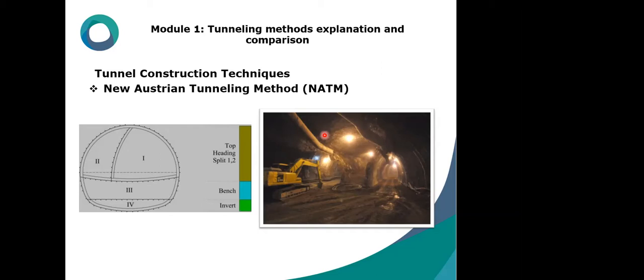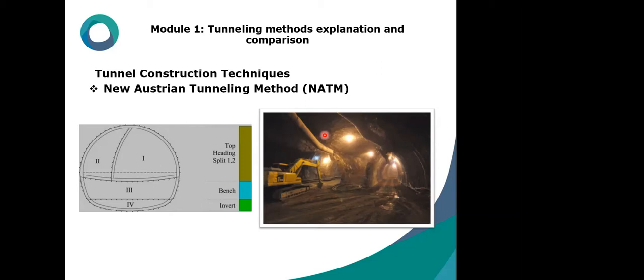The NATM method, which can be called the sequential excavation method, includes a tunnel section that has been divided into several excavation parts, depending on the geotechnical conditions. When I say geotechnical conditions, it means overburden, tunnel dimensions, and maybe ground parameters.